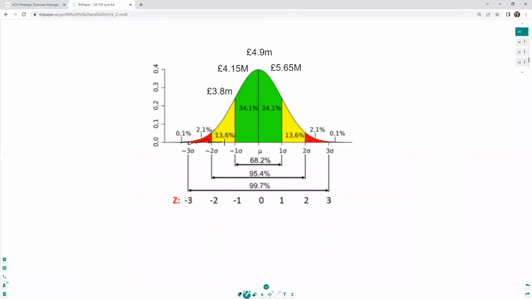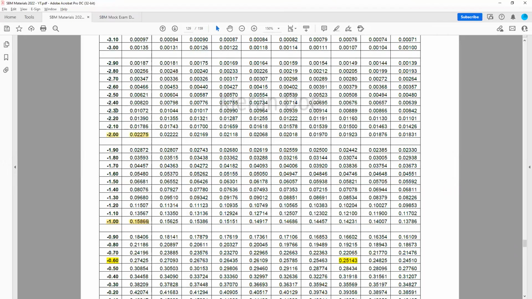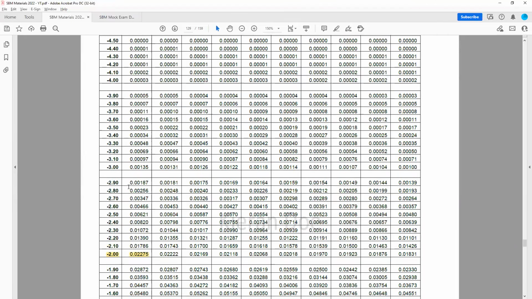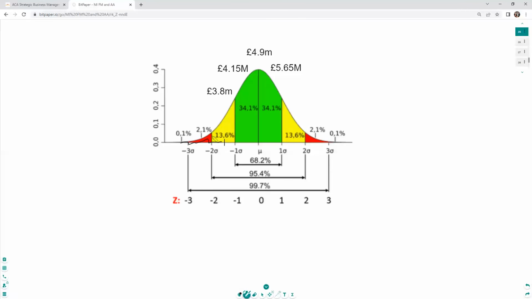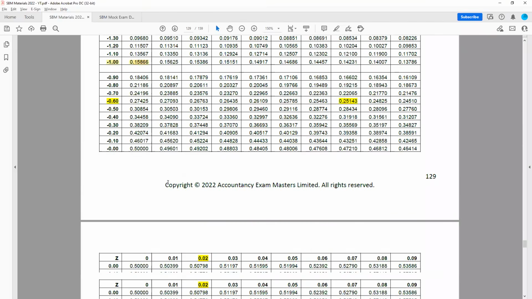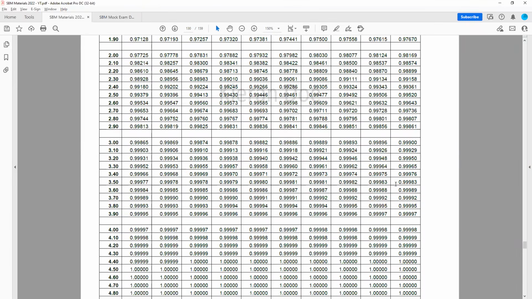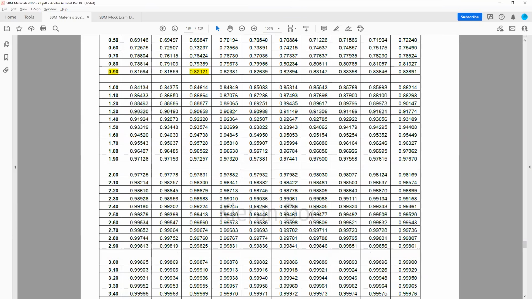And again, if you're 2 standard deviations away or lower, you've got your 2.2%. So you can see less and less probability of being that far away from the mean. And of course, you can do it the other way around, observing how you would actually calculate the percentage.